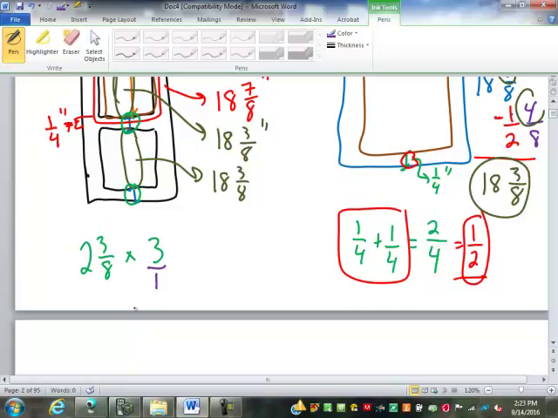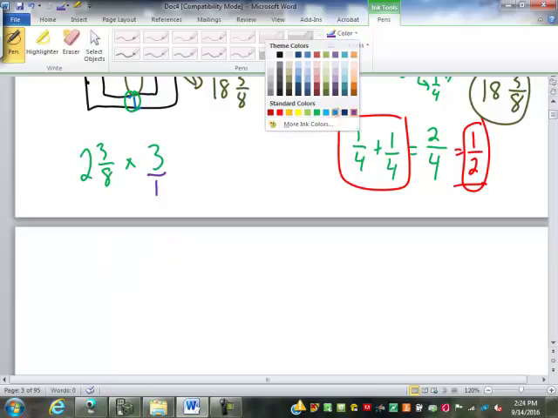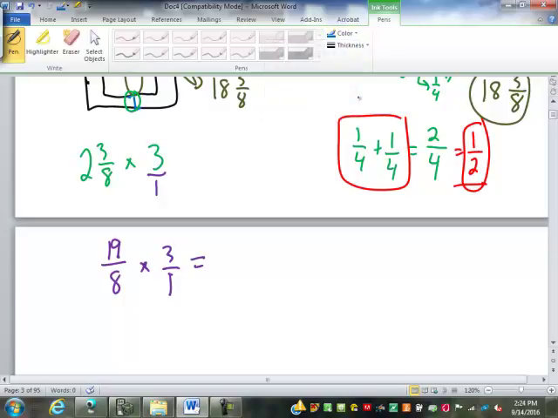But when I'm using mixed numbers, I do want to change it to improper fractions. So 2 3/8 is going to become how many eighths? Perfect. 2 times 8 is 16 plus 3, 19/8. Hey, you tried. It's okay.